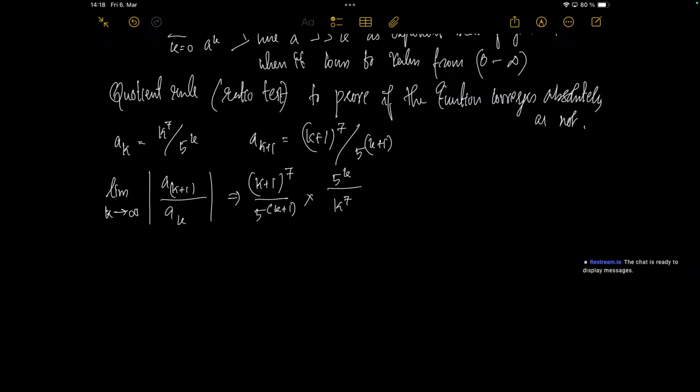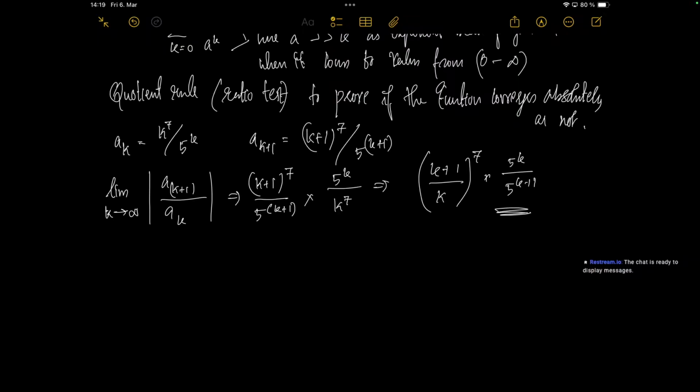Now, how do we cancel this? I forgot. (k+1) over k, whole raised to 7, times 5^k over 5^(k+1). I forgot how to solve this, not gonna lie.